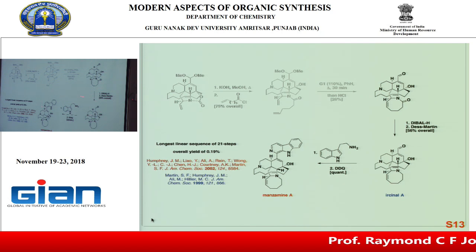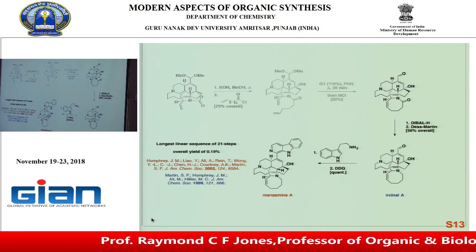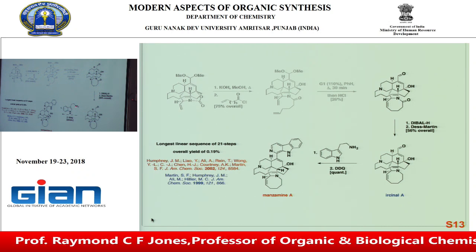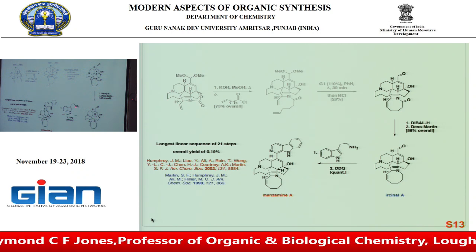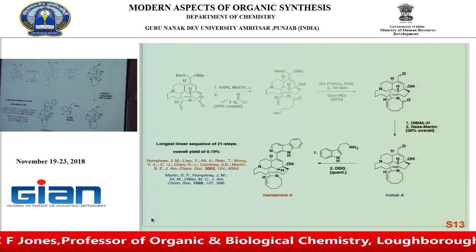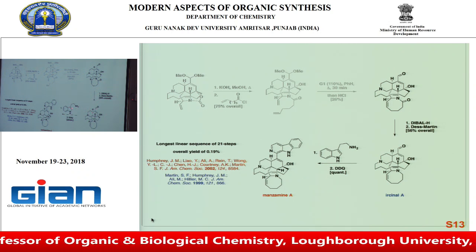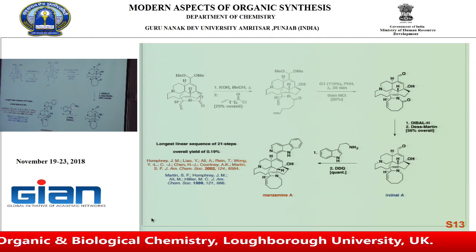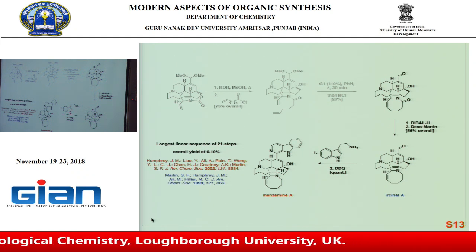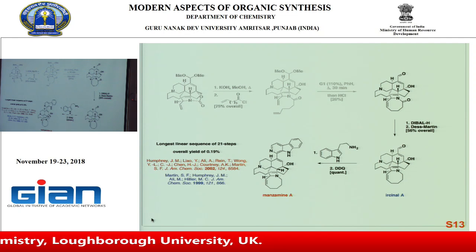And then the final condensation is between this aldehyde and this tryptamine, and you form a bond to the nitrogen. You form an imine bond with the nitrogen, and the imine carbon is then attacked by the indole double bond acting as a nucleophile.